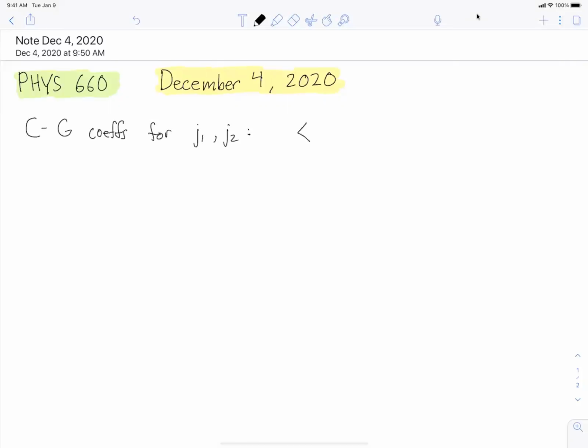One way of writing these is as the matrix element between the product basis states and the total angular momentum basis states. And last time we sketched out an algorithm to compute these things.